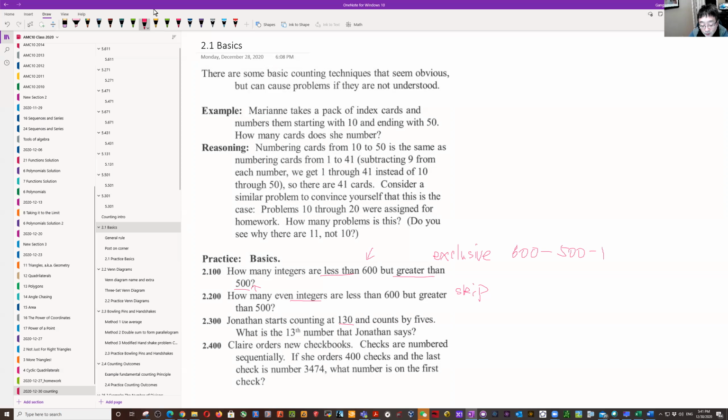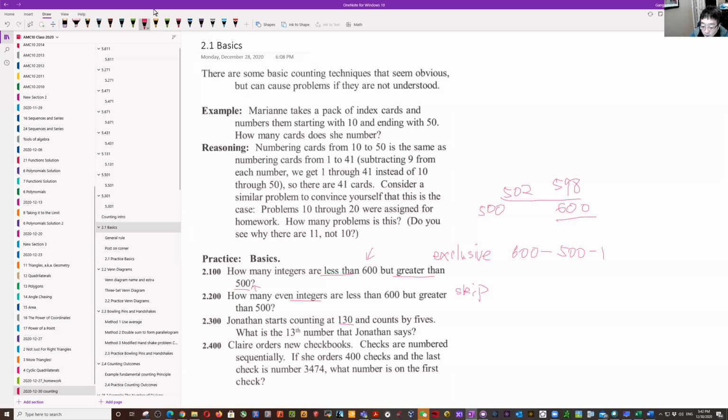And for the even integers, we are looking for even integers less than 600 and greater than 500. So basically we cannot start with 500 and we cannot end with 600. We have to find a real number to start, so we start with 502 and end at 598.